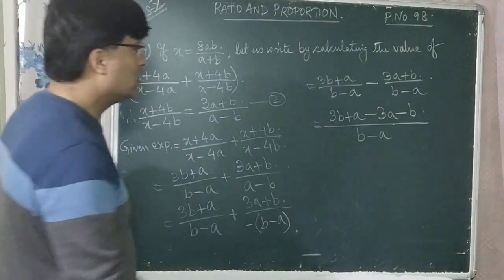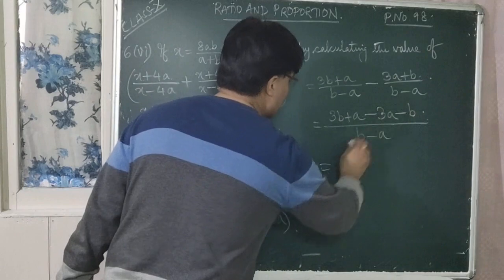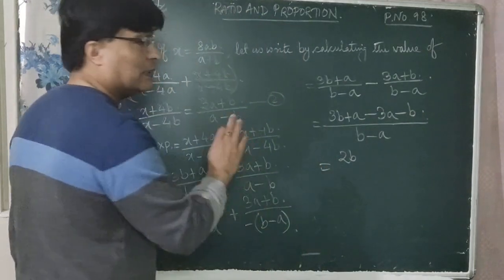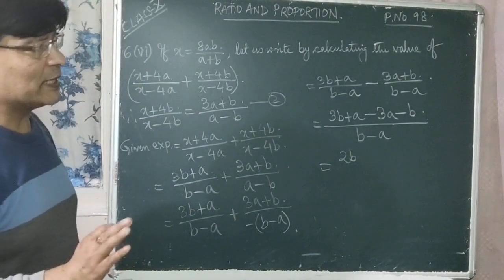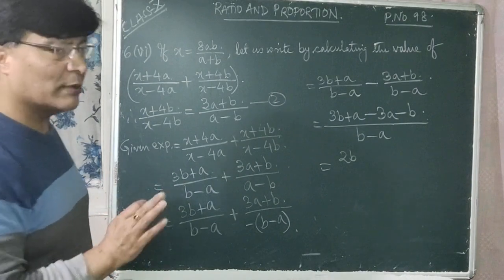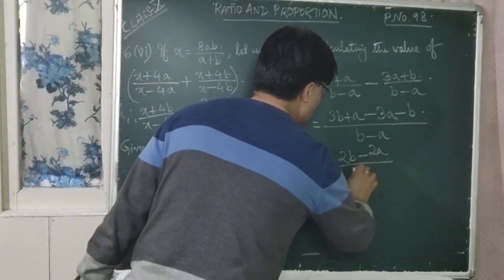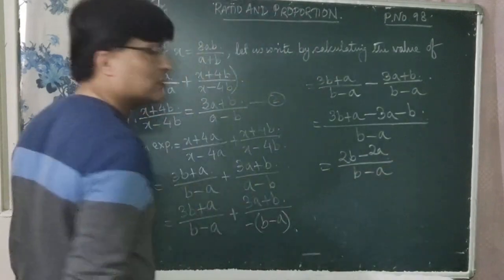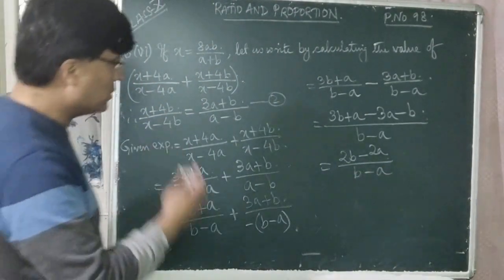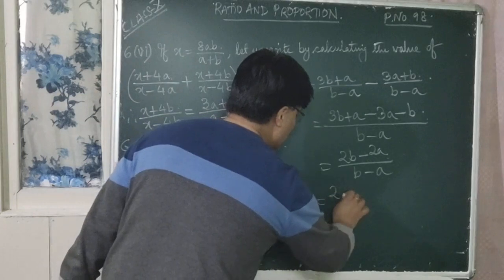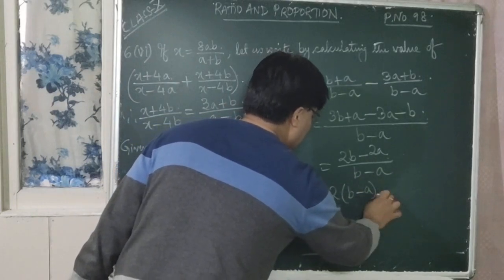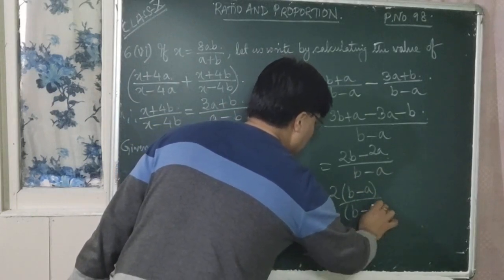So is that clear? So let us simplify it. 3b minus b is 2b, and plus a minus 3a, different signs you have to subtract, you will get 2a, but you have to write down the sign of the greater number, that is minus 2a. So whole divided by b − a. Clear? So in the numerator what is common there? 2 is common, so it is 2(b − a) divided by (b − a).